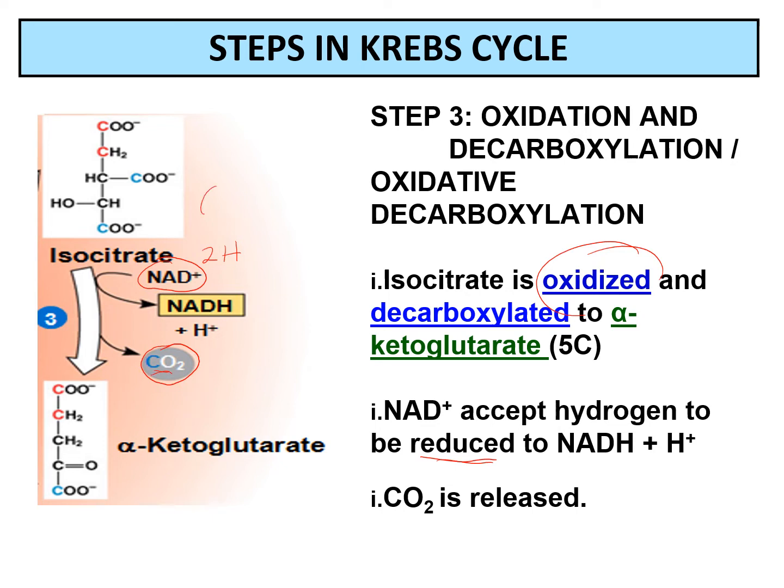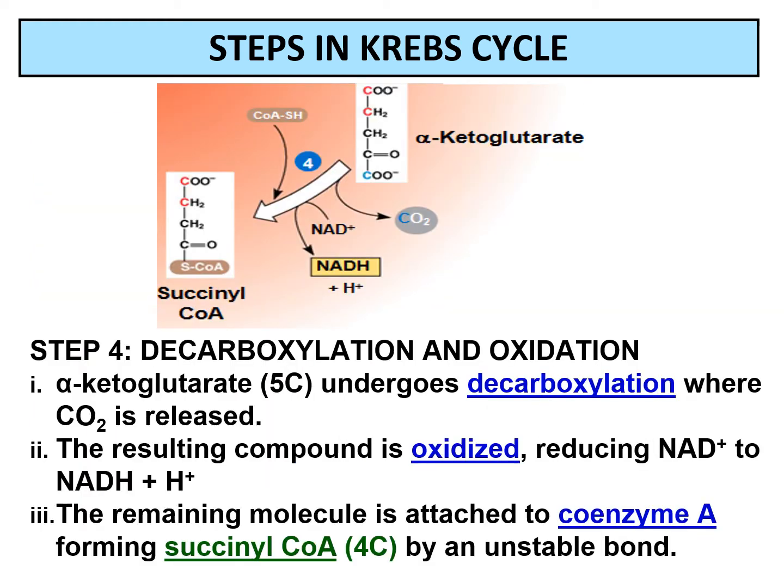Isocitrate is a 6 carbon molecule. Since it has lost 1 carbon, alpha ketoglutarate is of course a 5 carbon molecule. Remember in step 3, carbon dioxide is released and NADH is formed, and isocitrate is oxidized and decarboxylated to alpha ketoglutarate.